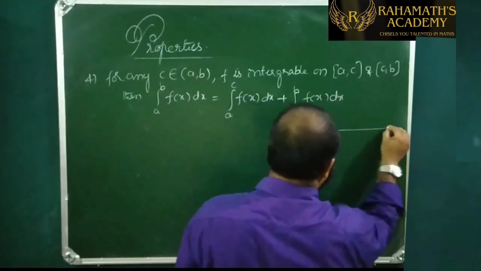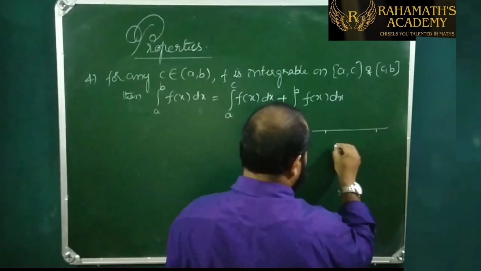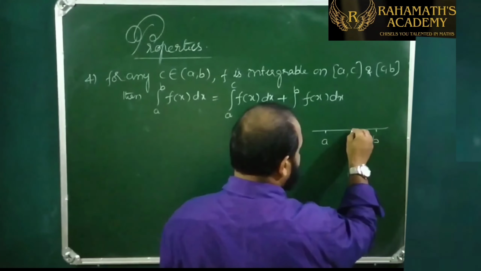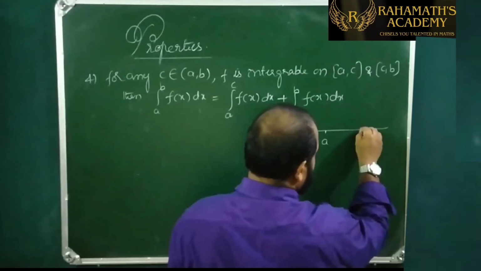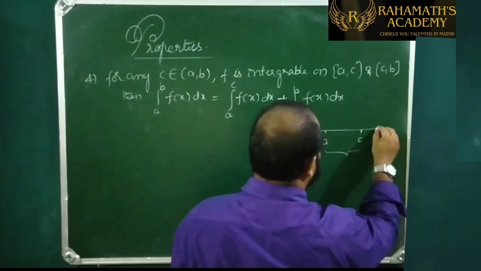So here this is a, b, and in between c is there. So a to c and c to b.